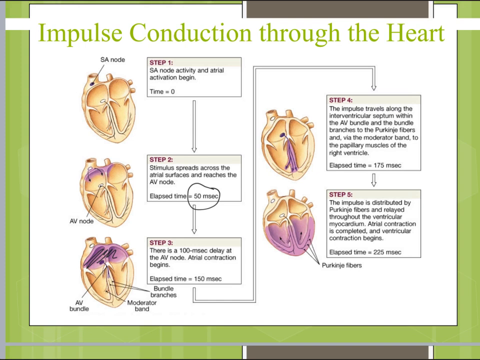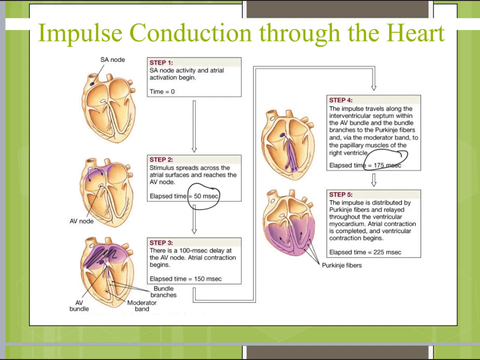Now step 4, the impulse travels along the interventricular septum within the AV bundle and the bundle of His to those Purkinje fibers in the ventricular wall at the apex and into those papillary muscles. And they move via the moderator band to the papillary muscles of the right ventricle. And again, this takes about 25 milliseconds, so total elapsed time is about 175 milliseconds.